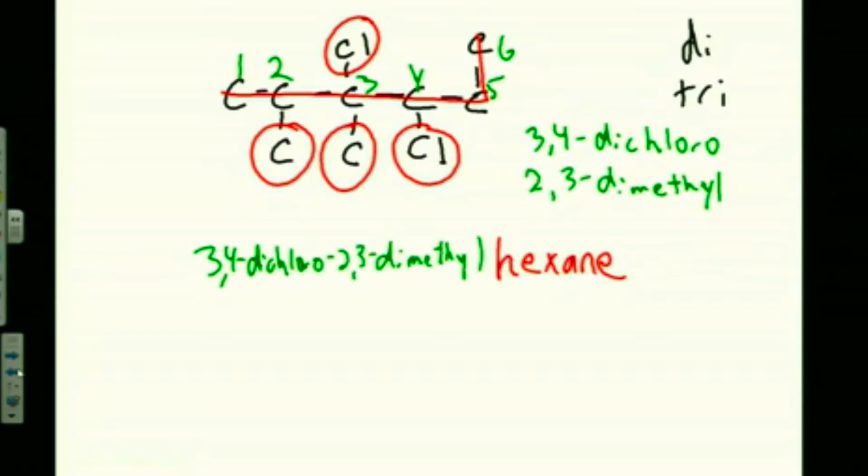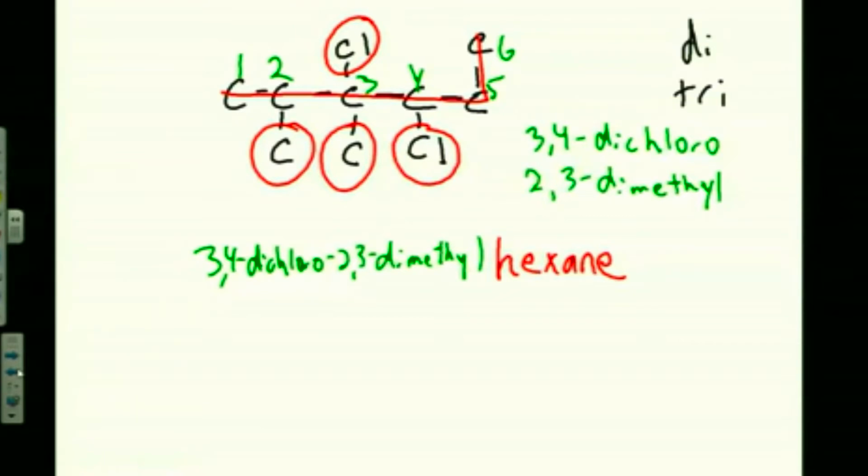Does everybody understand how we got the numbers? The numbers don't tell you how many, they tell you where they're located. And the di tells you how many. And so you decided to count from the left to the right.